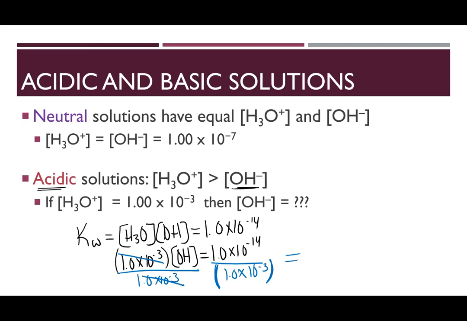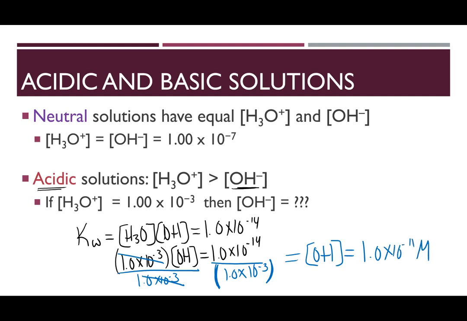Okay. So plug this into my calculator. So I'm going to take 1.0 times 10 to the negative 14th divided by parentheses 1.0 times 10 to the negative third, close parentheses. And now I get that my hydroxide concentration is 1.0 times 10 to the negative 11th.